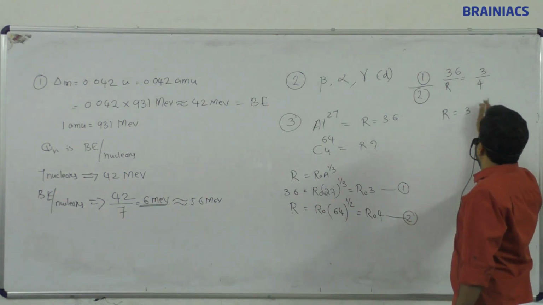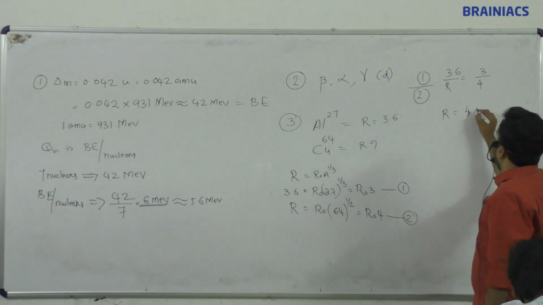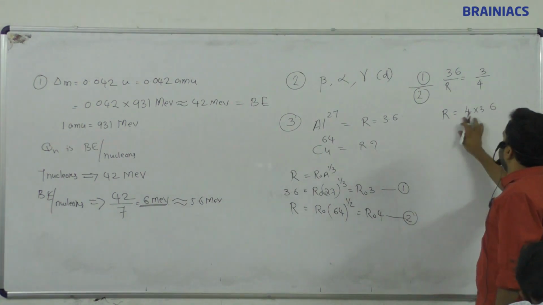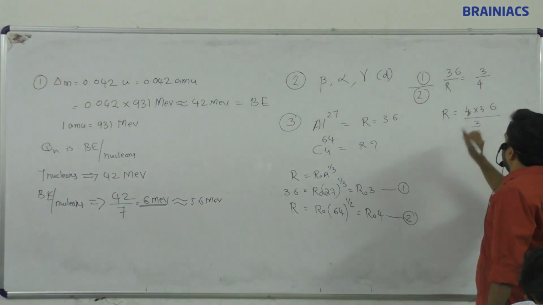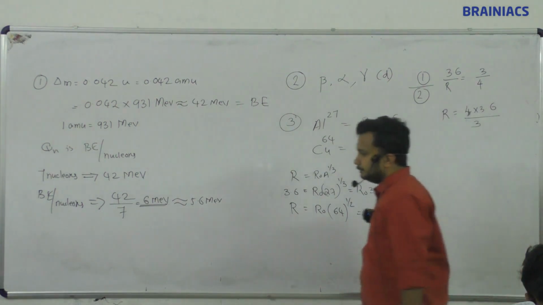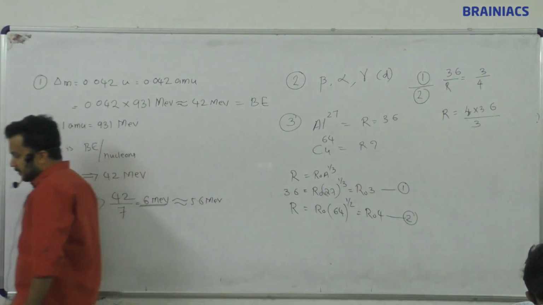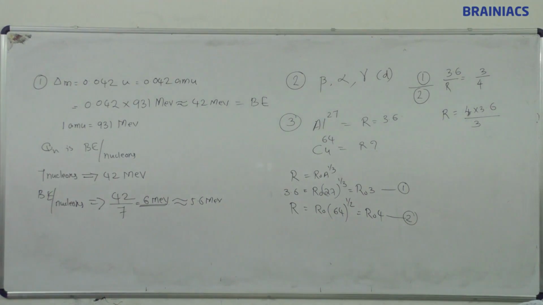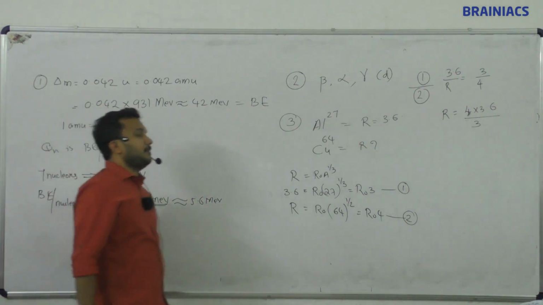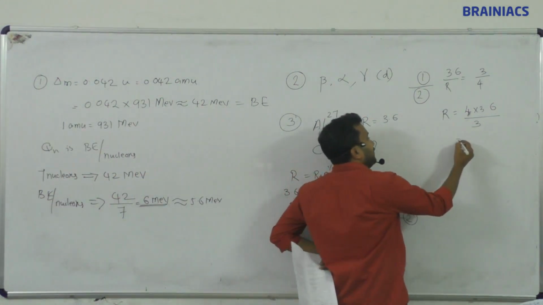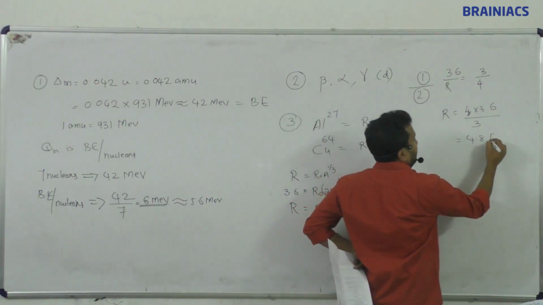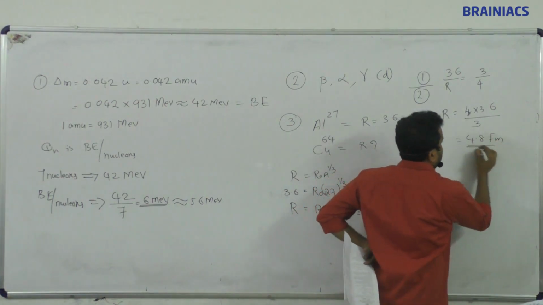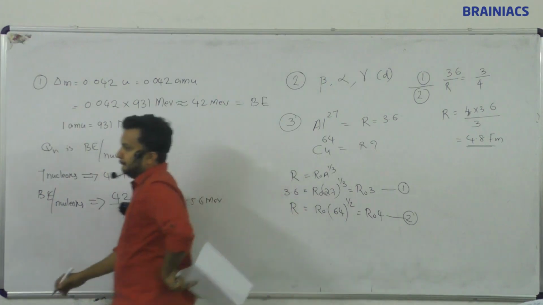So R equals 4 into 3.6 divided by 3, which is 4.8. So 4.8 Fermi, F.